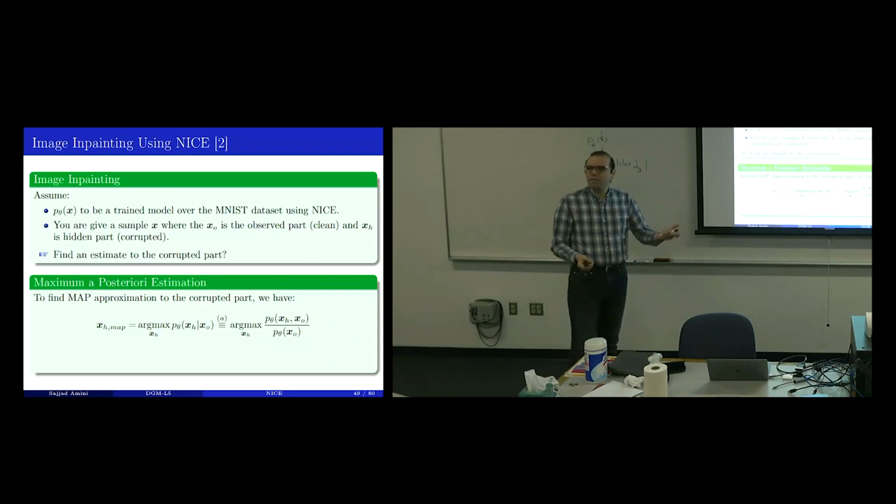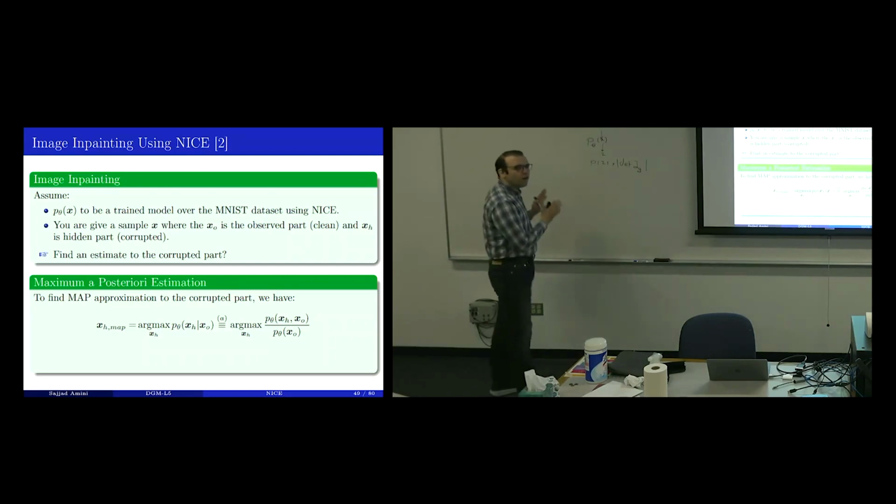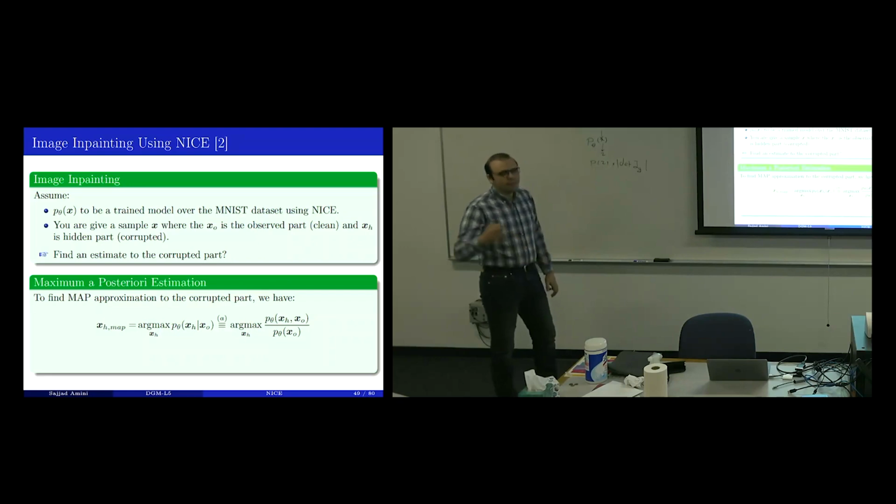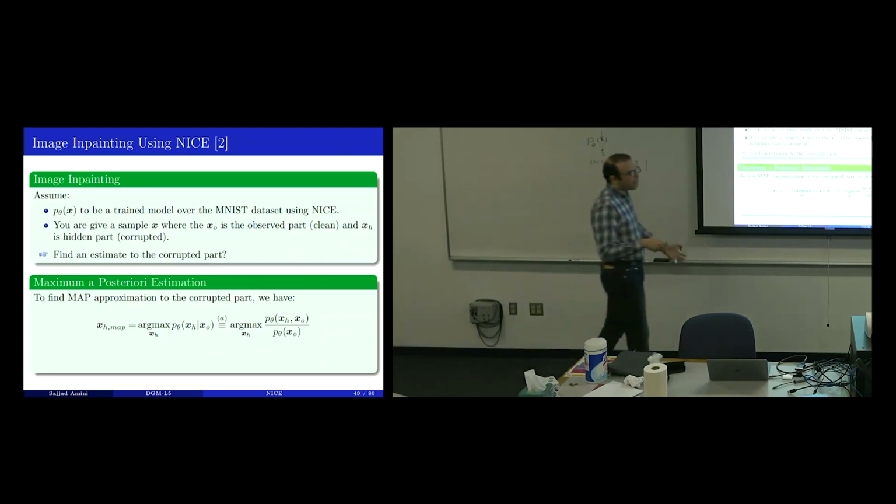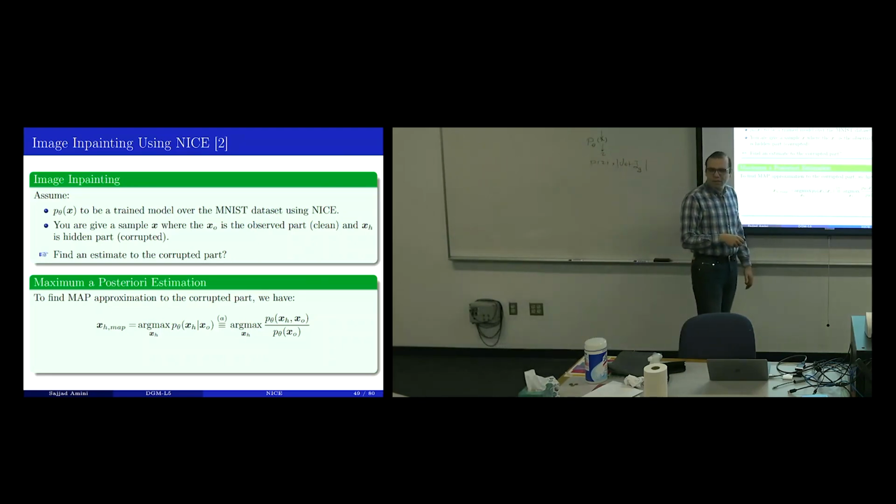It's independent of xh. It's the probability of what you observed, so it is independent of what happened on the corrupted part. So you can easily omit it because it does not play any role in your maximization. Do you agree? So instead of maximizing this ratio, we can maximize just the numerator.